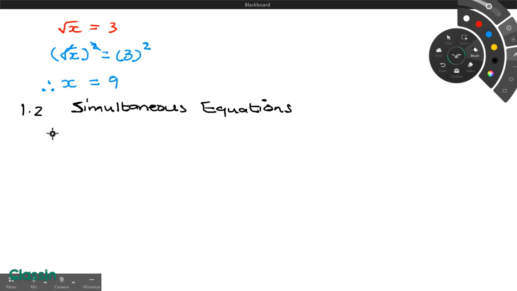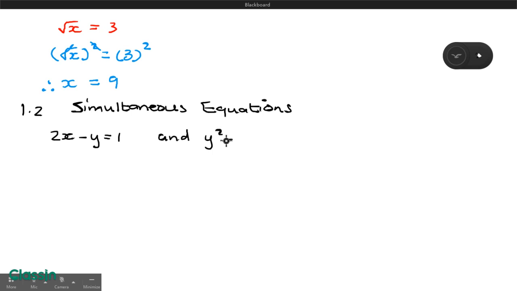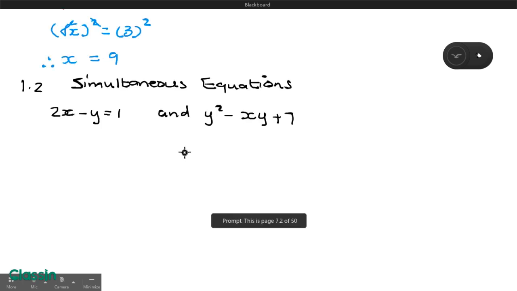You are given 2x minus y equals to 1 and y squared minus xy plus 7. And they say 6 marks.